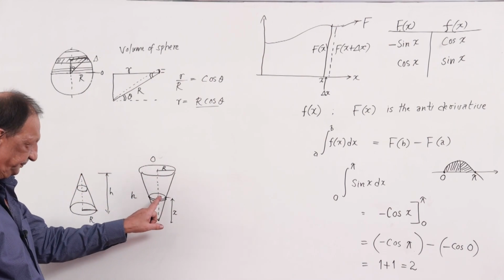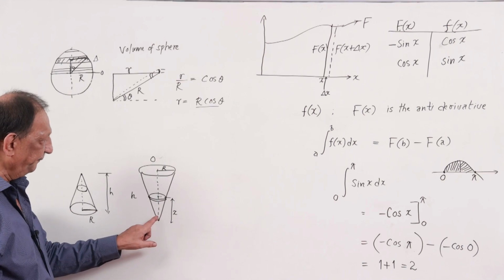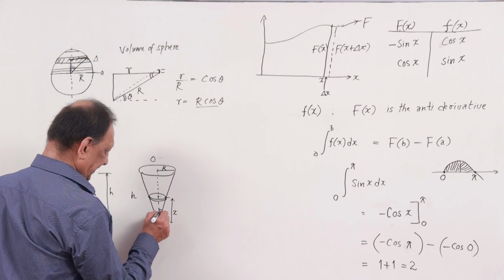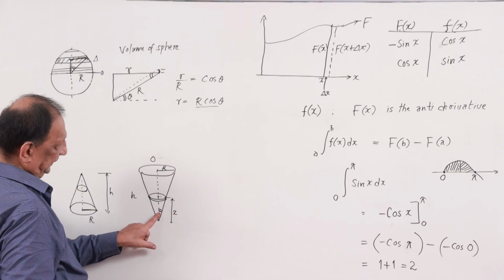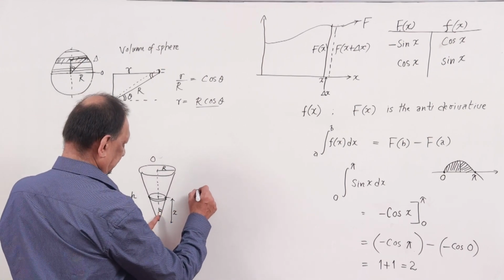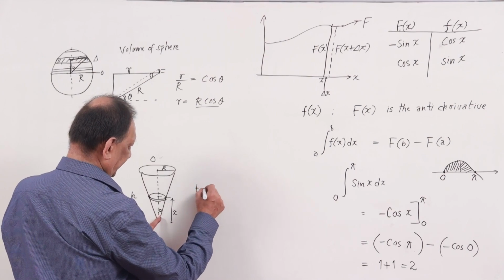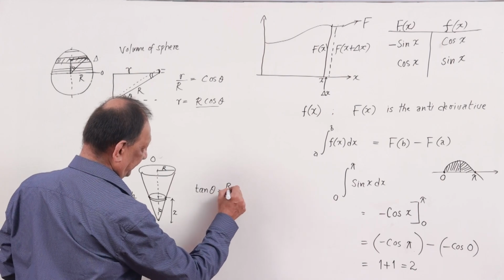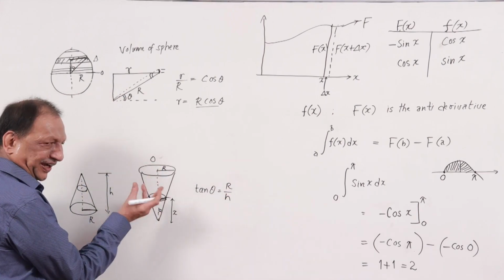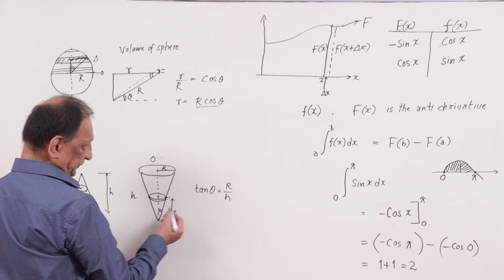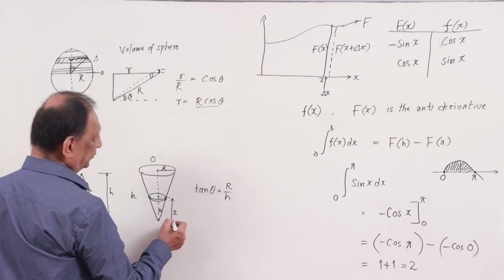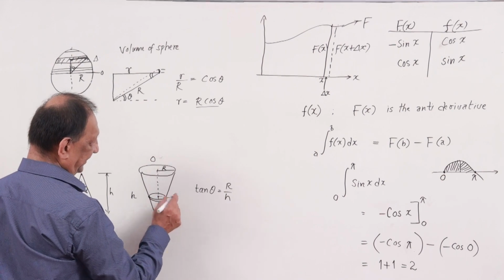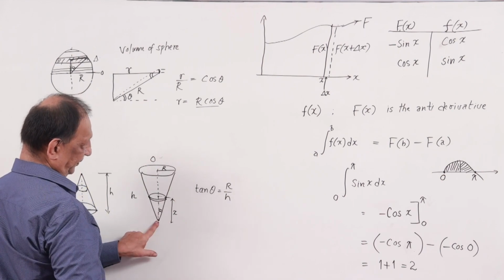Now, this angle is known. Tan of that angle is capital R by h. It is the half angle of the cone. So at a height h, what is the radius? You want to find that out.